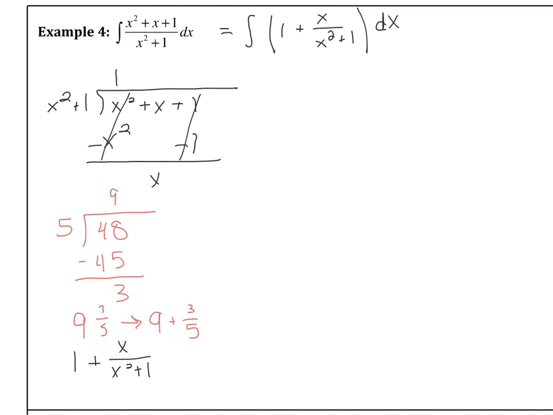The 1 is easy enough to integrate. You could split this up into 2 integrals if you wanted to, or we could just remember that the 1 is there. But now if we look at the second term right here, we do see that pattern of function on the bottom and its derivative on top. x is of the right order to be the derivative of x squared.